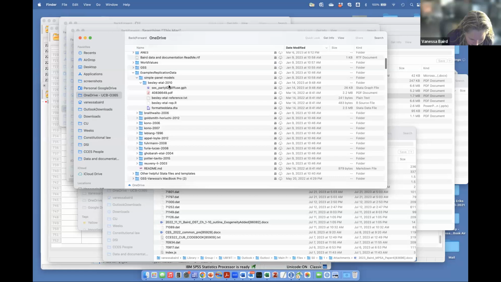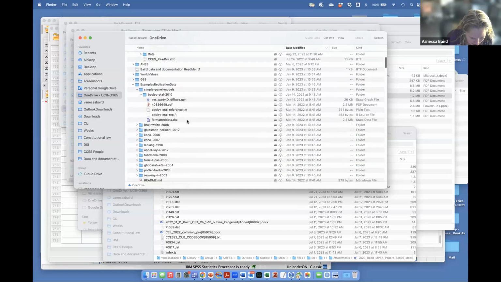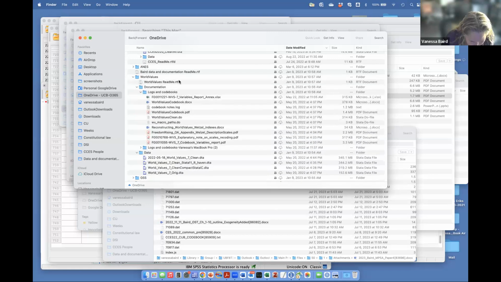There's some panel model data that I've put in there for you to poke around with if you want. There's a lot you can do, and I'll be including other data sets with assignments where you're going to actually run the data. Today was the baseline, to make sure you understand how to interpret some basic models. Then I'm going to be posting some experimental data, some multi-level model data, and some World Values. The World Values is in there.